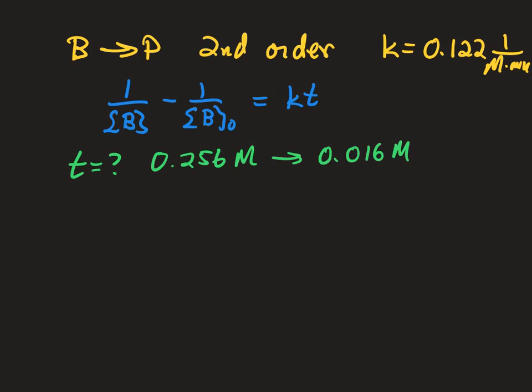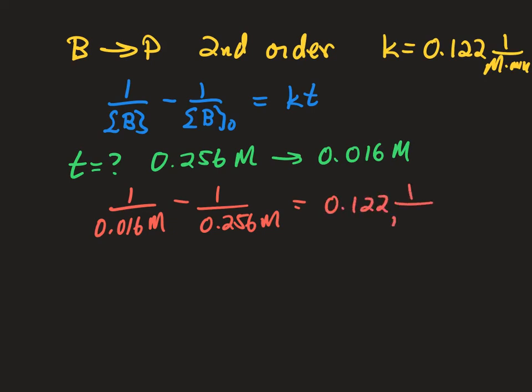So we can substitute those concentrations into our integrated rate equation. So we have 1 over 0.016 molar minus 1 over 0.256 molar is equal to our k, which is 0.122 per molar per minute, and our elapsed time.